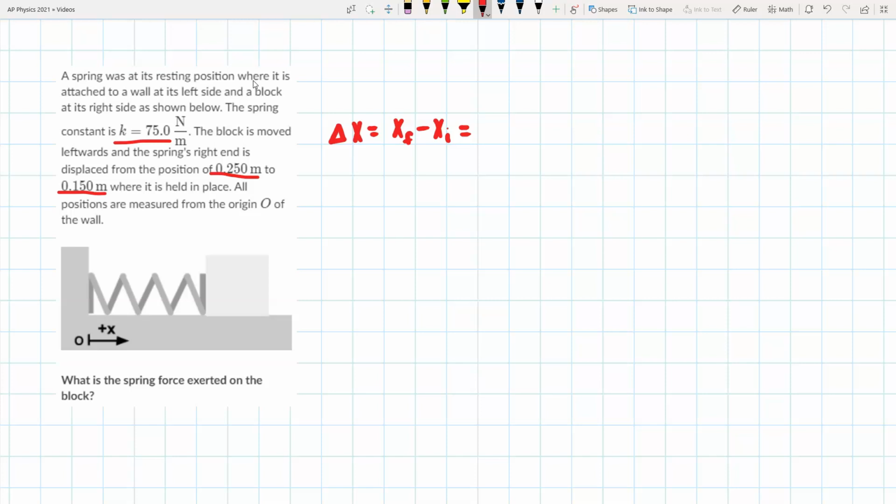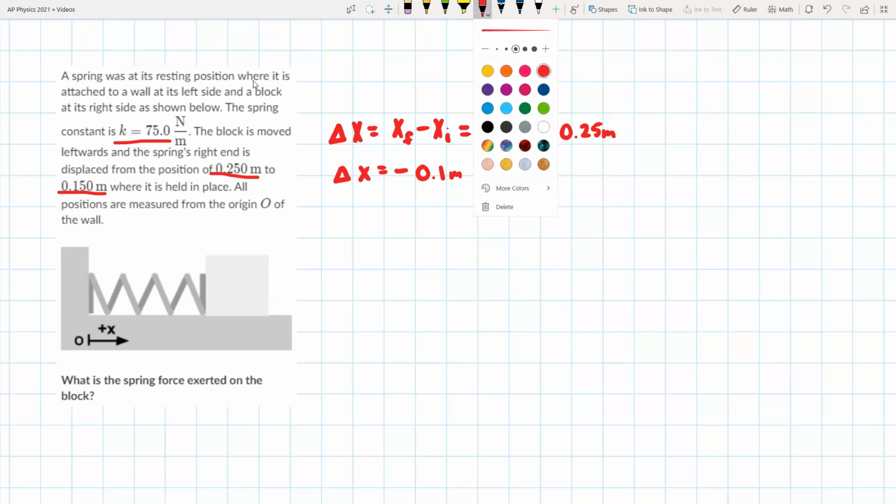So that would give me 0.15 meters minus the initial one of 0.25 meters. So I know the displacement is negative 0.1 meters. Okay, and I'm actually going to make this a little skinnier.